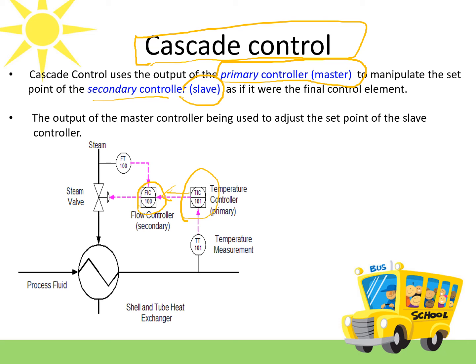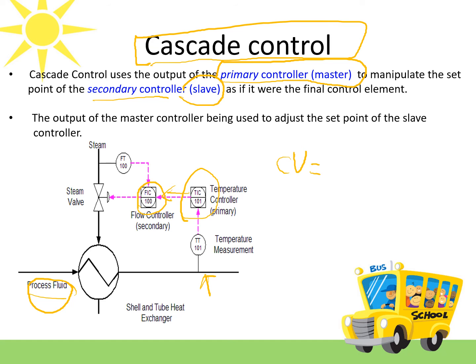As you can see here, you have a process fluid being fed to the shell and tube heat exchanger for heating purposes, because you want to heat this fluid to a certain temperature. So the control objective here is to control or to maintain the temperature of this stream at a certain value.